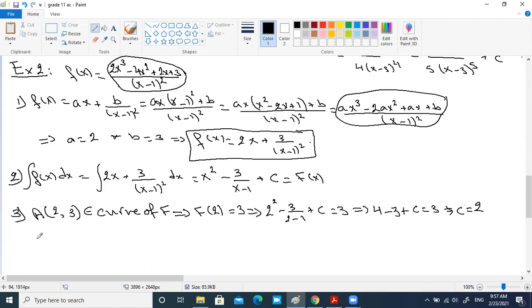Therefore capital F of x is equal to, replacing c by 2, x squared minus 3 over x minus 1 plus 2.